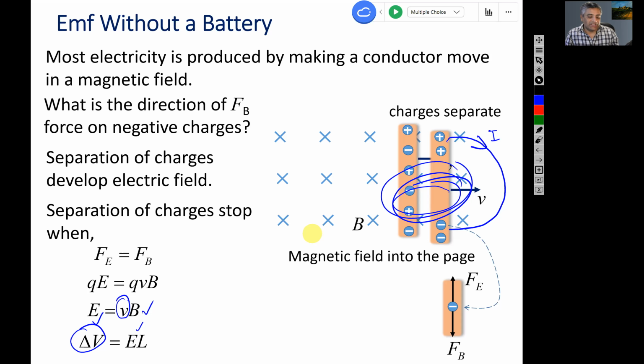Will the voltage generated be large enough? Or if you want to light even a very small power bulb, let's say a 5-watt light bulb, how fast does the wire have to be moving? We can do a little bit of calculation there.